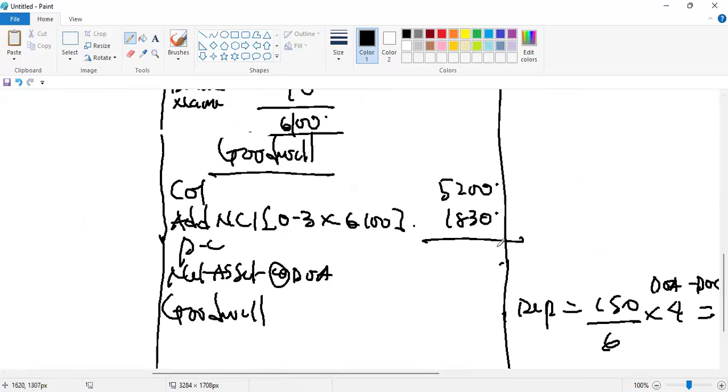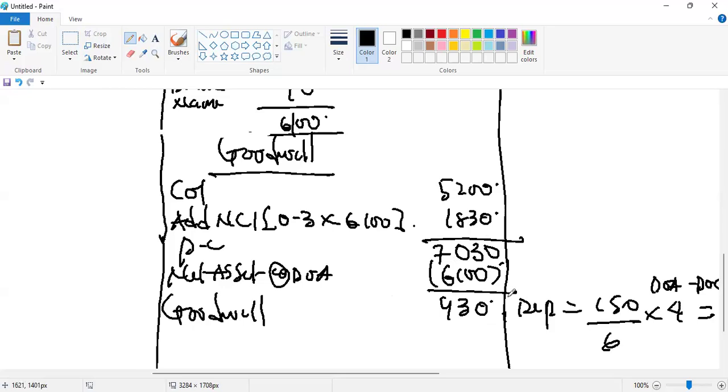I will now less the net assets of 6,100. So what is the goodwill? 930. 930 is the goodwill to be reported.